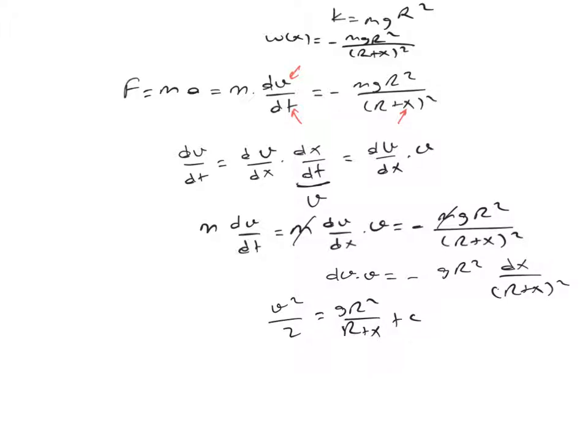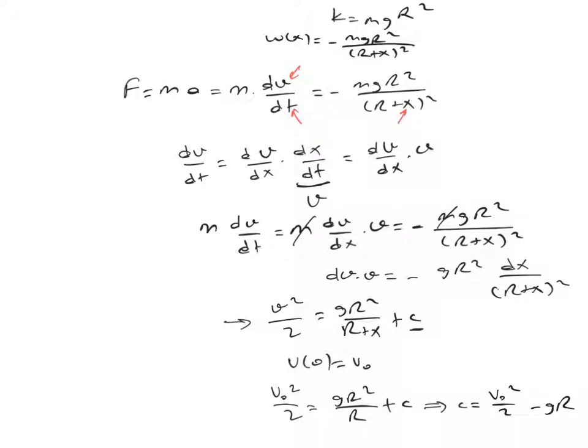In order to find the constant c, we will use the given initial value here, which is the speed value where x is equal to 0. It is v0. Let's use this initial value in this equation. So we will get v0 squared over 2 is equal to g r squared over (r plus x), but x is 0 here, plus c. So c is equal to v0 squared over 2 minus gr.